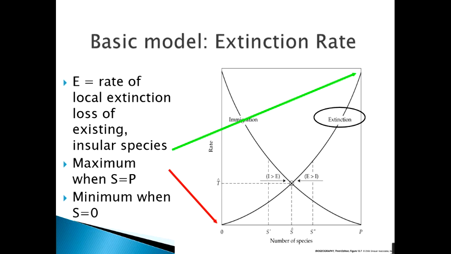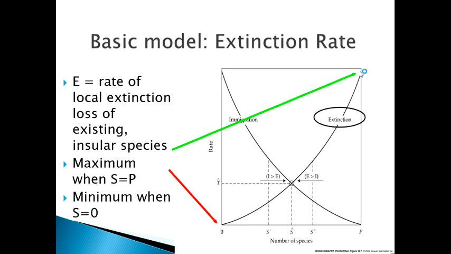On small islands, well, everywhere, but particularly on islands, species are very likely to go extinct. They are geographically isolated, they're small, the populations on them are small, and so it's very common for there to be local extinctions or extirpations. And so the line over here plots the rate of extinction.